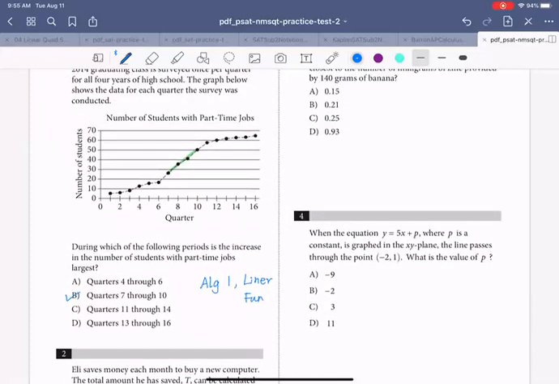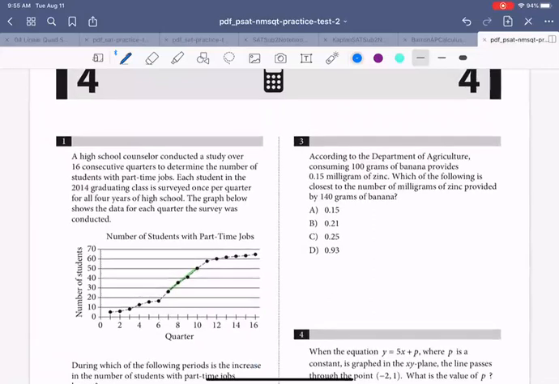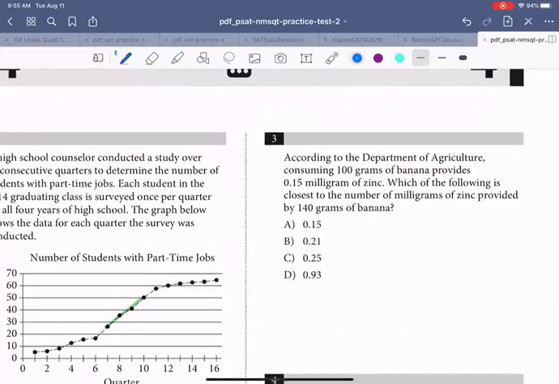Okay. Now, let's do number 3. This is the calculator section.